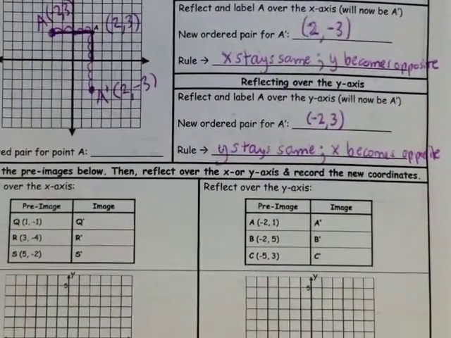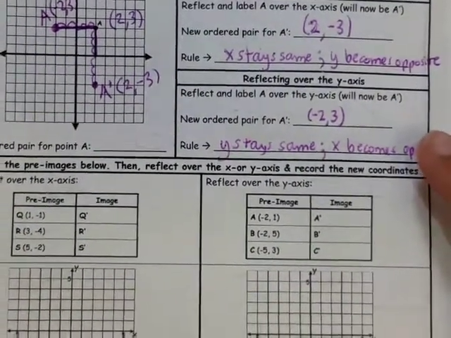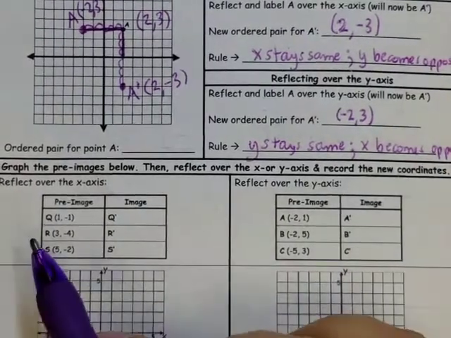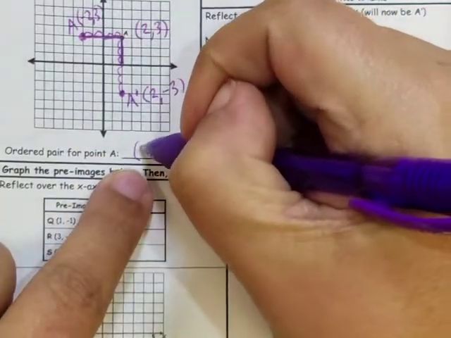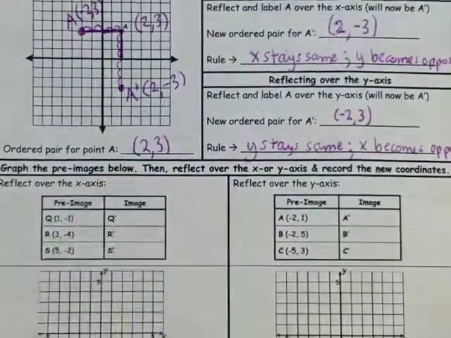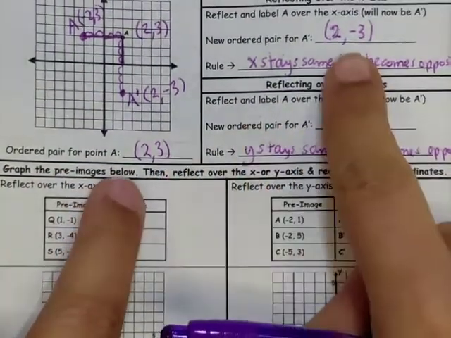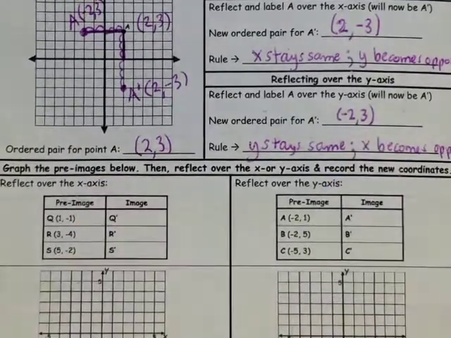Okay, so that's reflections, and that's basically all I have to teach you right here. Oh, we forgot, sorry, that was my fault. The ordered pair for A is 2, 3. And then you can see the relationship here and here, and you can see the relationship here and here.